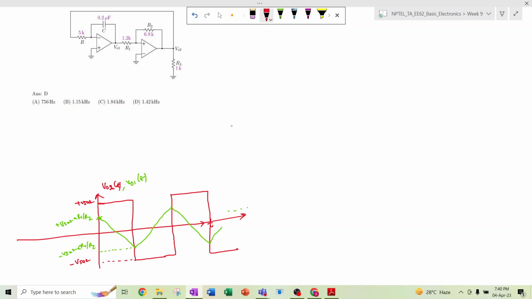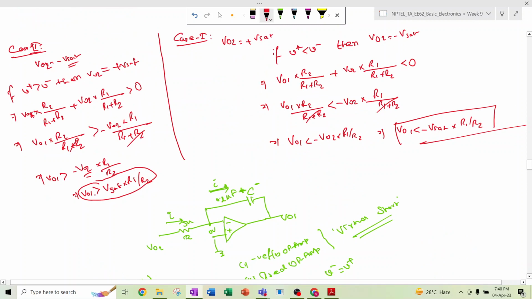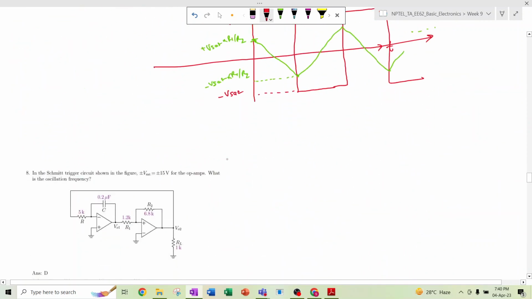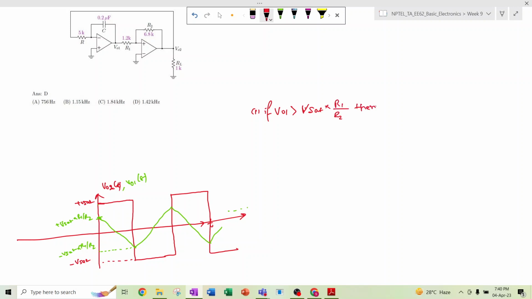So whatever we got in the previous equation, I am writing this. First condition: if VO1 is greater than Vsat into R1 by R2, then VO2T will be equal to minus Vsat.